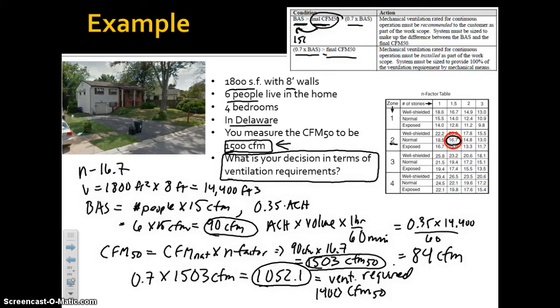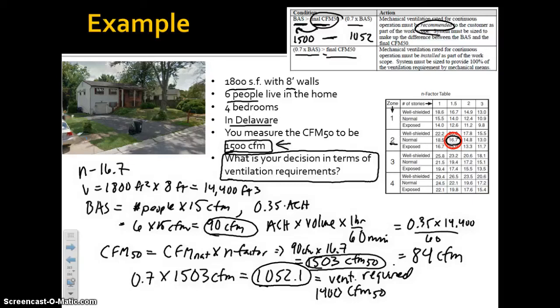This is 1500, and this is your 1052. So at 1400, or anywhere between 1500 and 1052, we would recommend mechanical ventilation. But in this case, we're not, so we're actually okay.